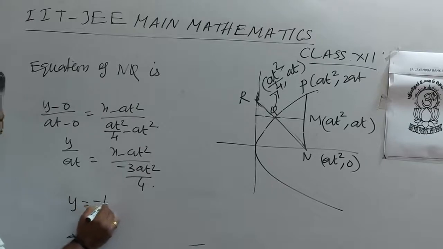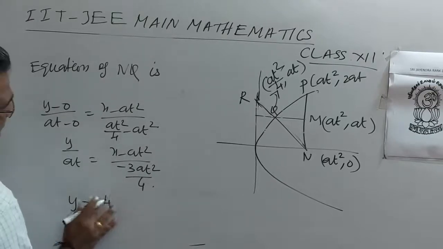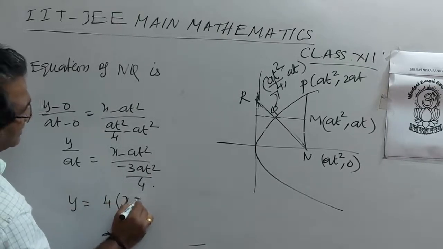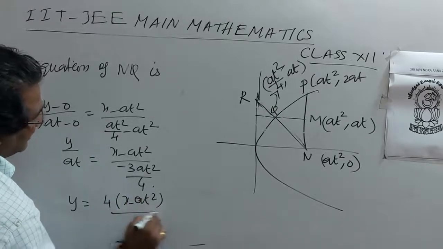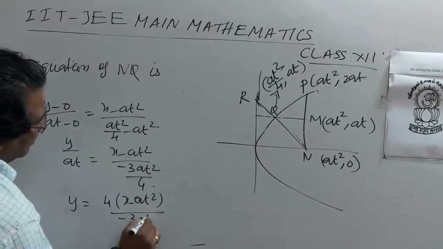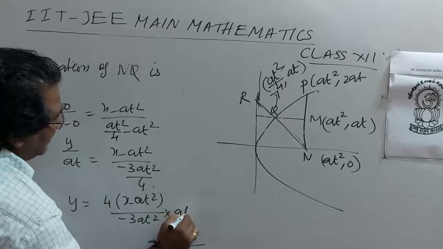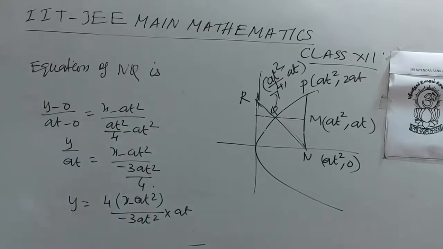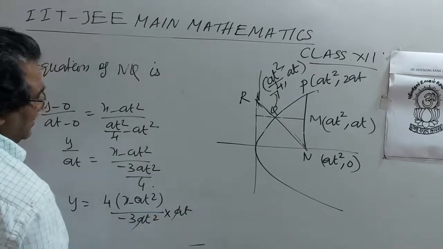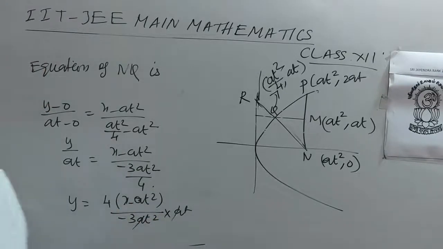Y equal to minus 4 into x minus at squared by 3at squared into at. This will be cancelled, at will be cancelled.